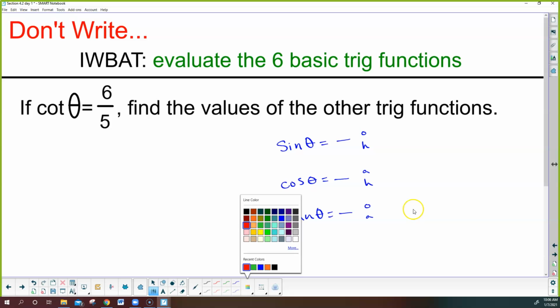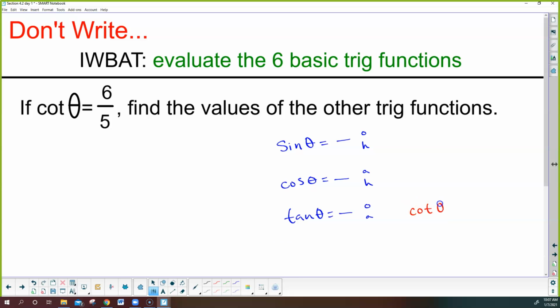But they give me cotangent, and they tell me that cotangent is 6 over 5. Well, wait a minute. Cotangent is the adjacent over the opposite. So I actually know that this side length right here is the adjacent, and the side length for 5 is the opposite. So from that alone, I could draw a right triangle.